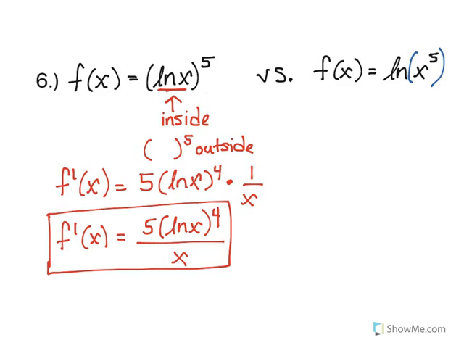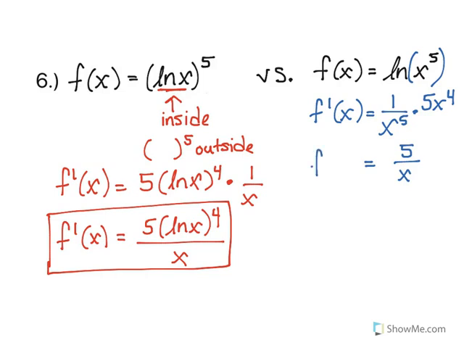If we go straight into the derivative, we could say that f prime of x here is 1 over the inside, x to the 5th, times the derivative of x to the 5th, which is 5x to the 4th, and that will reduce down to just 5 over x, because the x to the 4th and the x to the 5th will reduce down to just an x in the denominator, okay? So that's the first way you could do that problem.